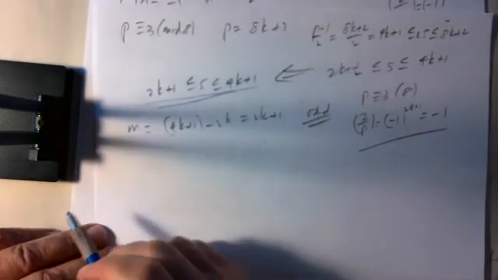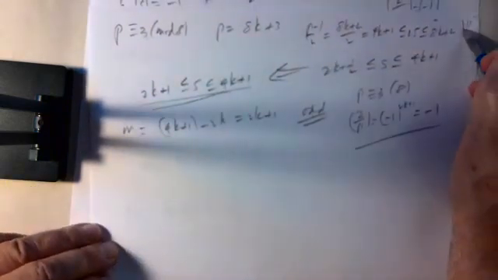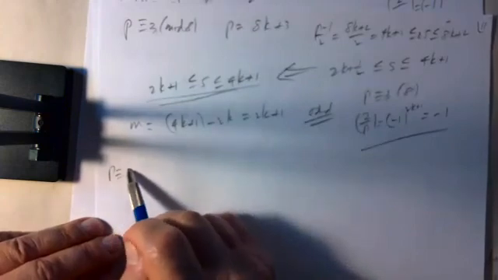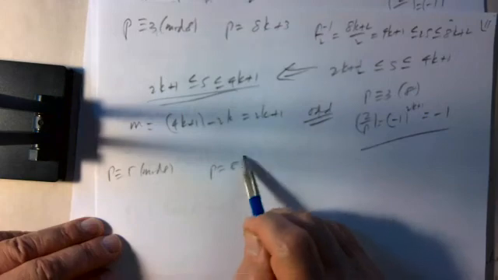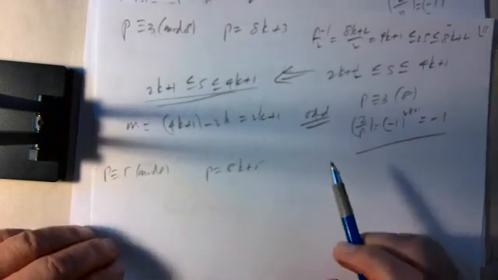Actually, since I'm doing it, I might as well just do all the cases. Suppose P is congruent to 5 mod 8. So P is 8K plus 5.